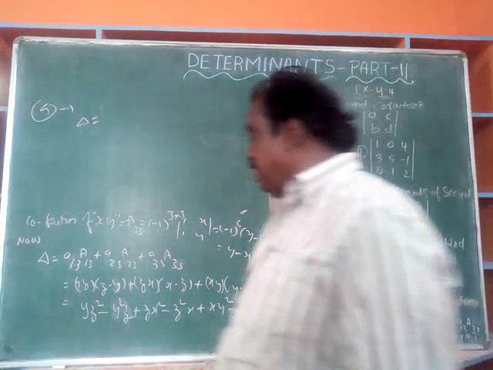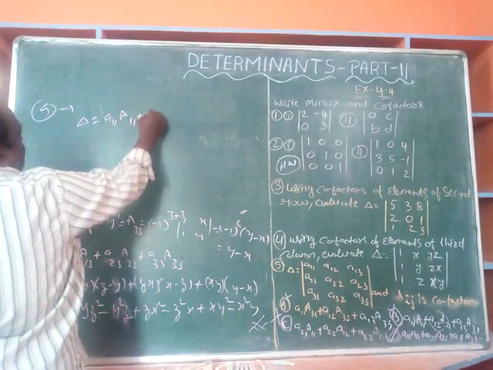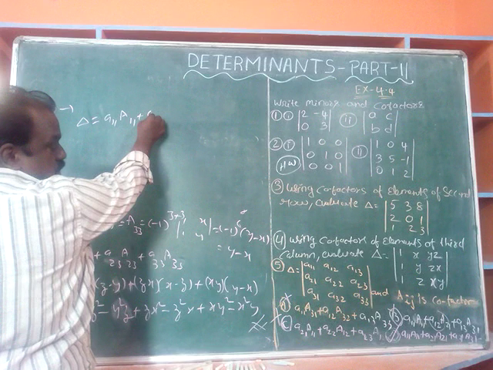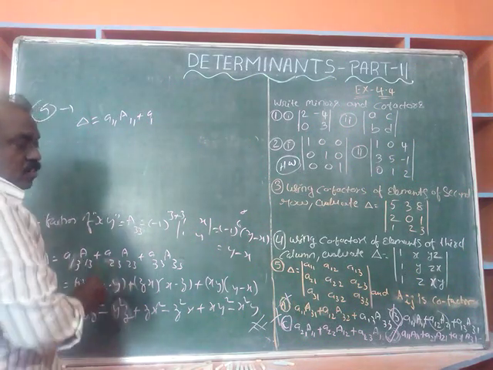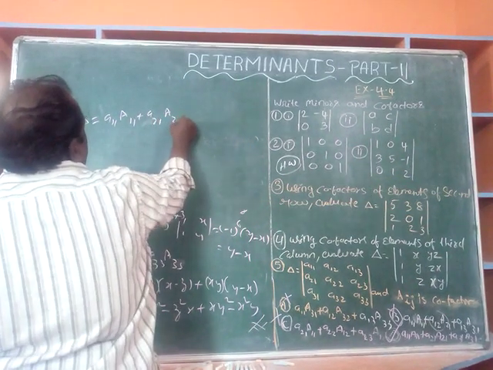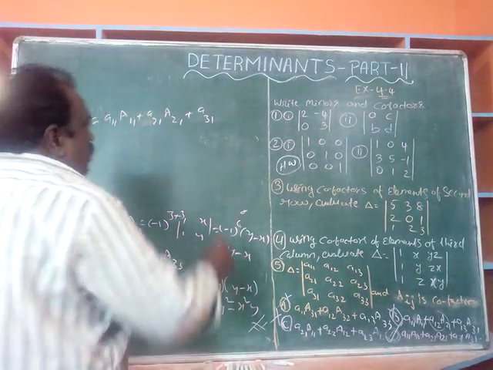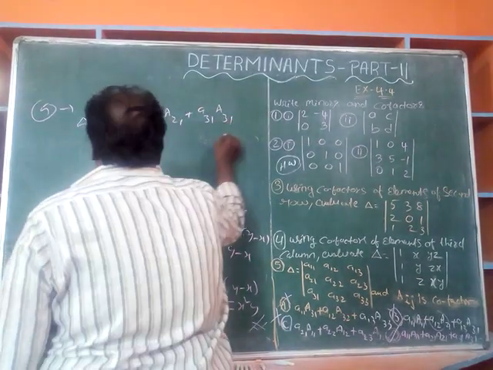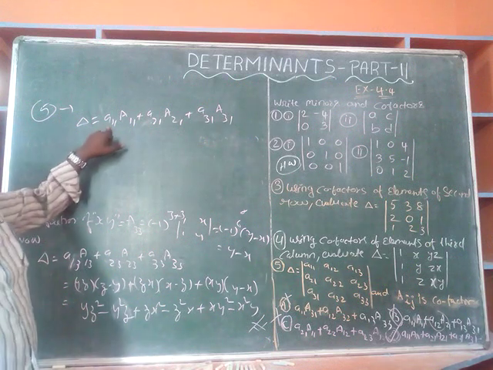I will write here: a11 capital A11, a21 capital A21, a31 capital A31. This is the determinant expanded along which column?